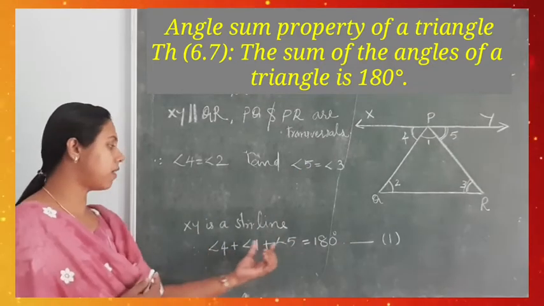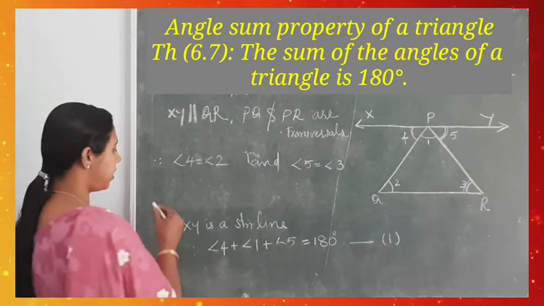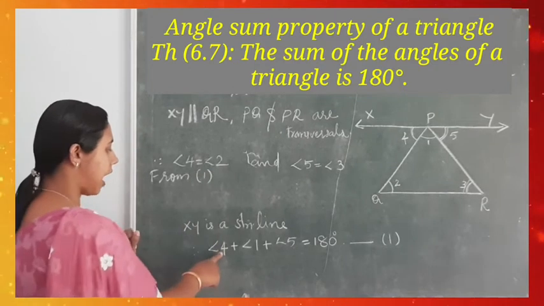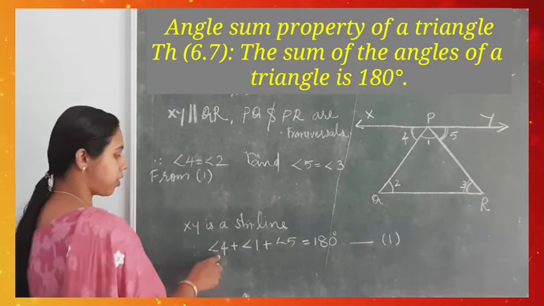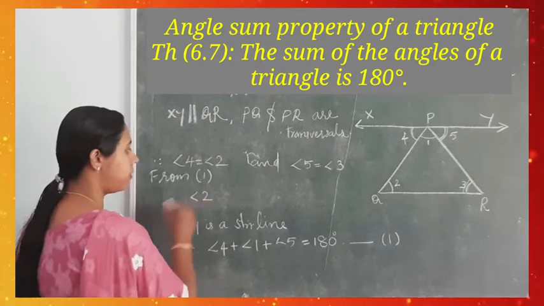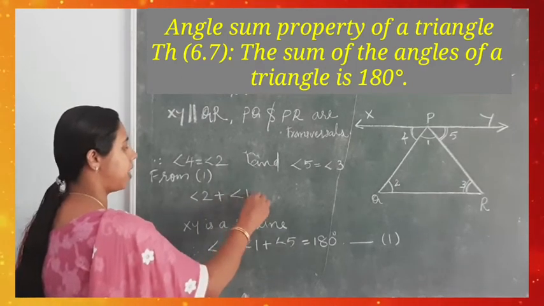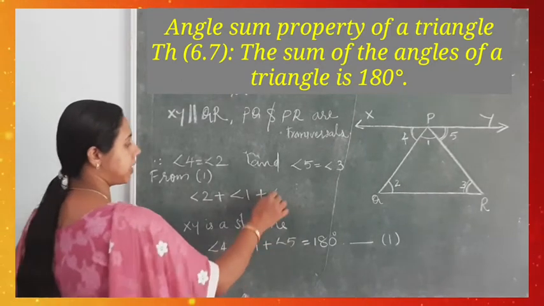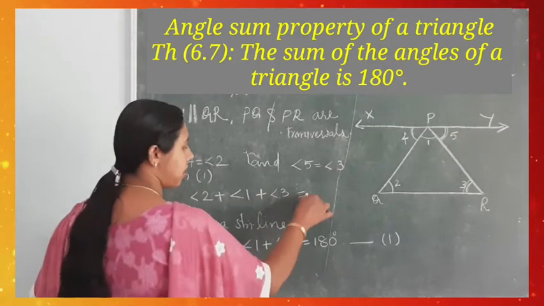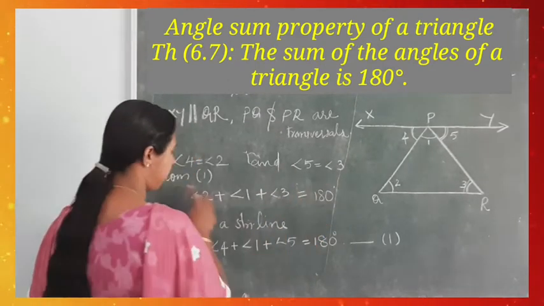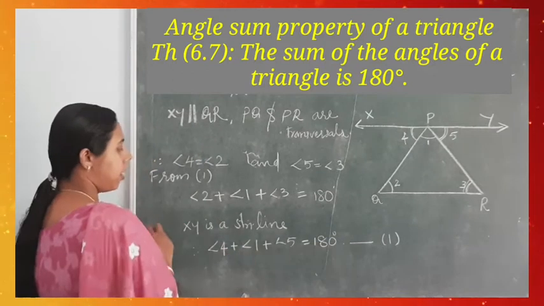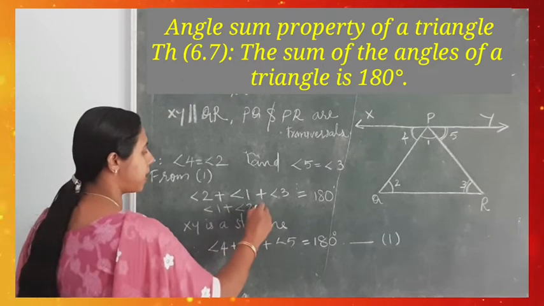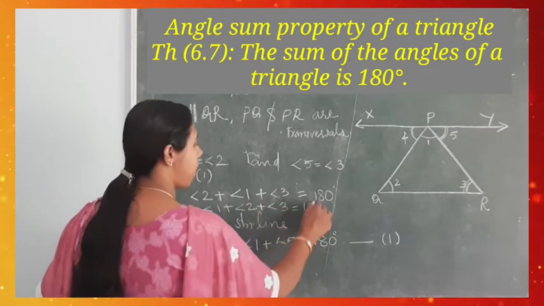So, instead of angle 4 and angle 5, we can write from equation 1: instead of angle 4, we write angle 2, plus angle 1, plus instead of angle 5, angle 3, is equal to 180 degrees. Now, if you rearrange this, you can write angle 1 plus angle 2 plus angle 3 is equal to 180 degrees.